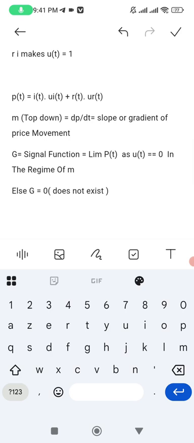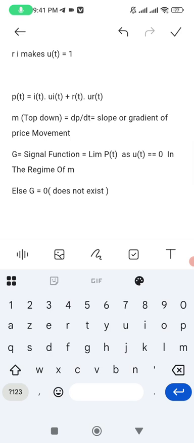Right now we actually need to define G. G is equal to the signal function, which is the limit of the price function as U of t approaches 0 in the regime of M. Why is it that we don't want to consider U of t approaching 1?